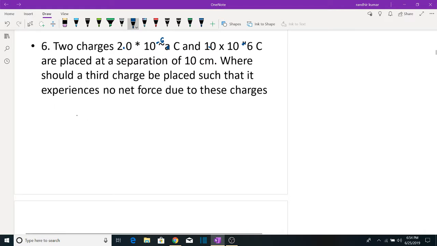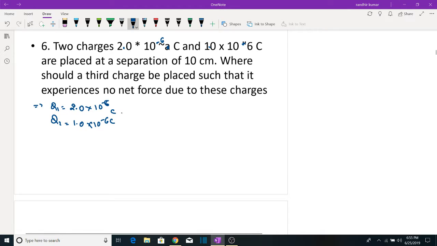So, two charges, solution: Q1 equal to 2.0 into 10 to the power minus 6 coulombs, and Q2 equal to 1.0 into 10 to the power minus 6 coulombs. Clear?